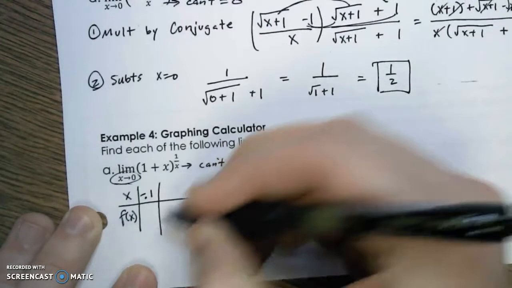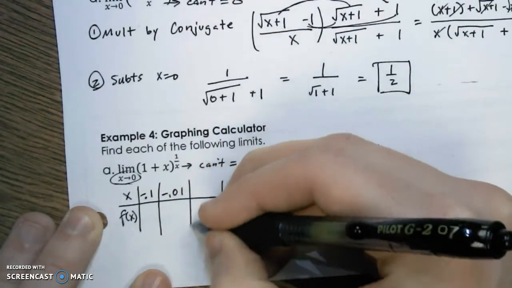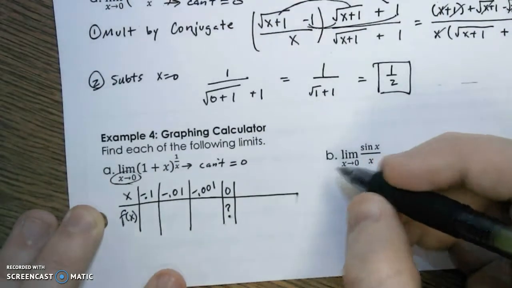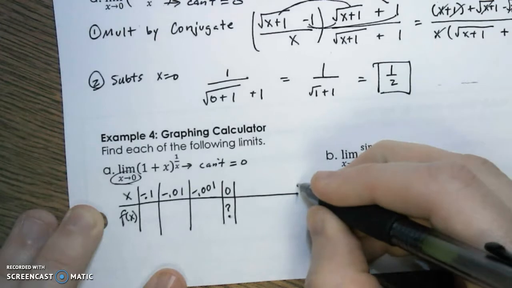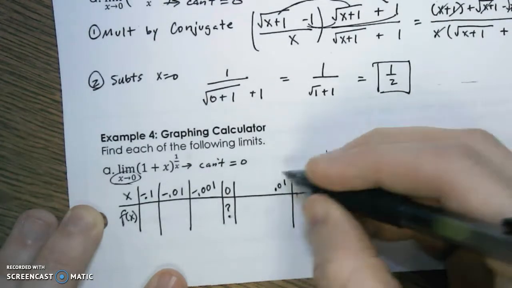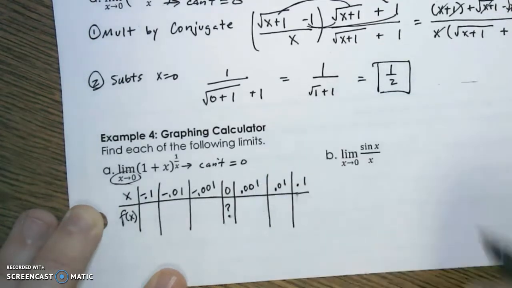And then I did negative 0.01. I got closer. And then I did negative 0.001. And bigger than 0, I did 0.1. And I plugged in 0.01, which is closer, and then even closer, 0.001.